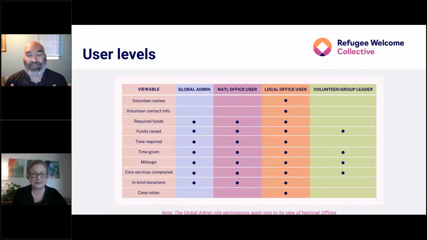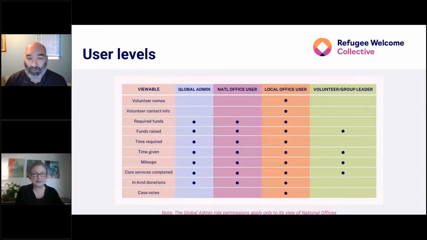The local office user basically has access to all of the information associated with their local office. They have their volunteer names, volunteer contact information, the required funds raised, time required, time given, mileage, core services completed, in-kind donation, case notes, all of those.